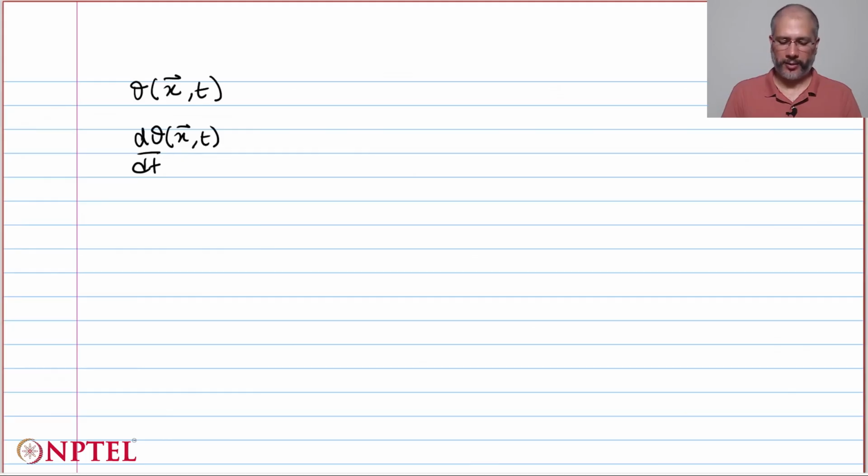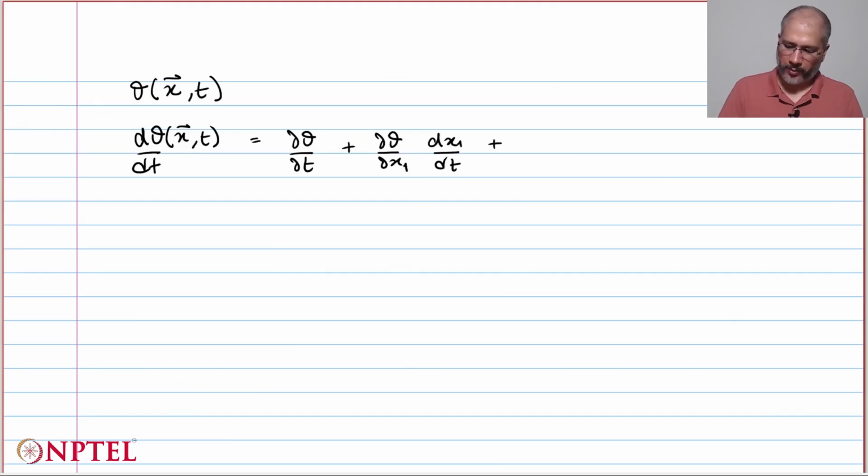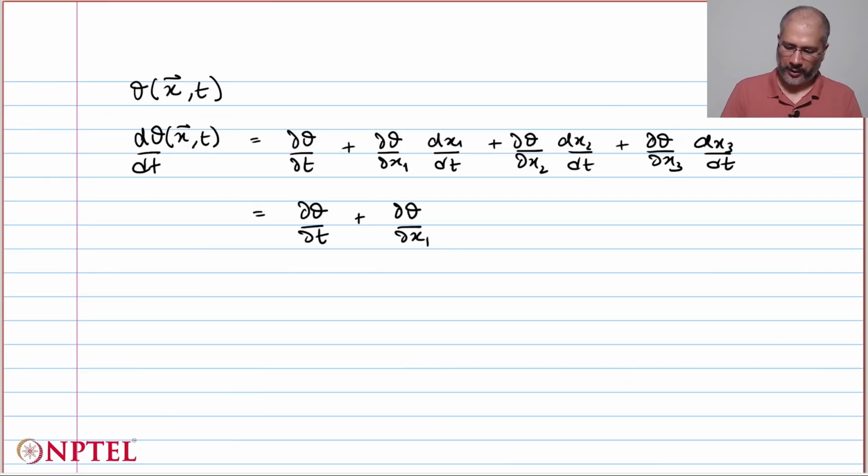Now, mathematically speaking, we can apply the chain rule here. So this becomes del theta by del time plus del theta by del x1 times dx1 by dt plus partial theta by partial x2 times dx2 by dt and del theta by del x3 times dx3 by dt. In the index form, I can write it more simply as partial theta by partial xk times dxk by dt.